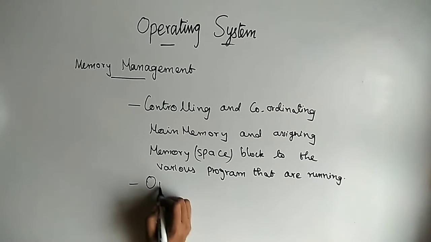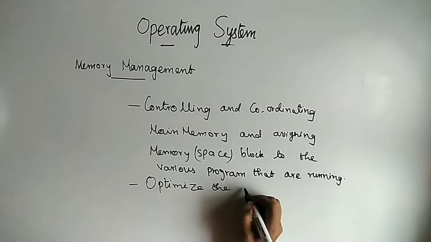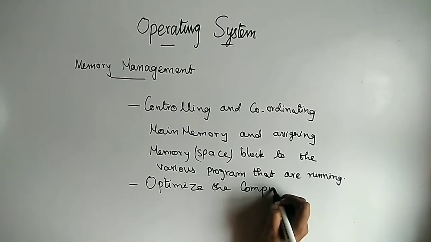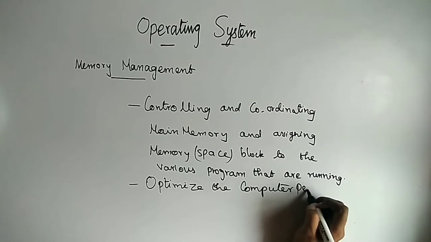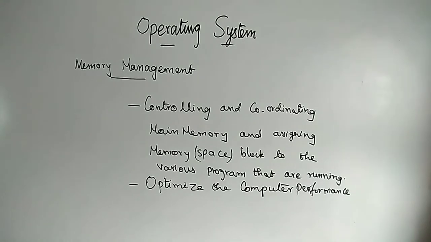So it optimizes the computer's performance. All of this is done in memory management. It also involves the allocation of specific memory to individual programs. It is going to allocate the memory based upon the demand.